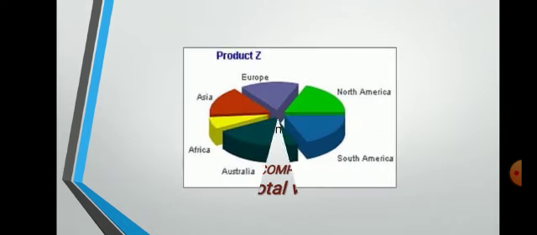You can see this is the pie chart of different countries according to their products. North America is shown in green color, Australia in dark blue, Europe in navy blue, Asia in red color. When we join them, they form a circle, and the whole angle of a circle is 360 degrees.